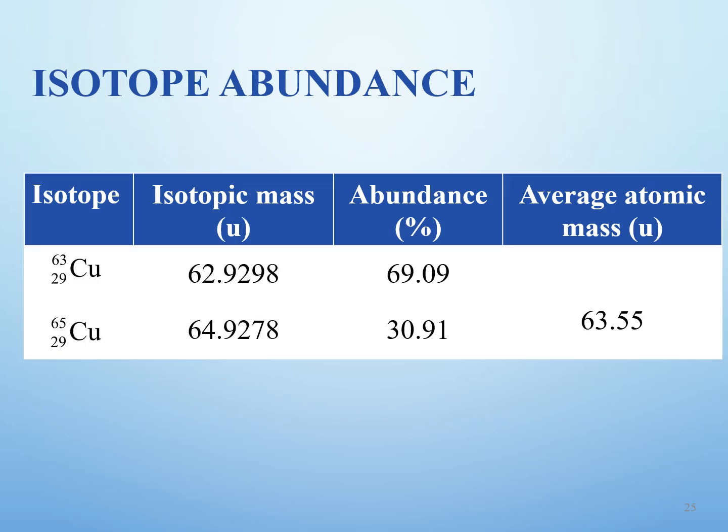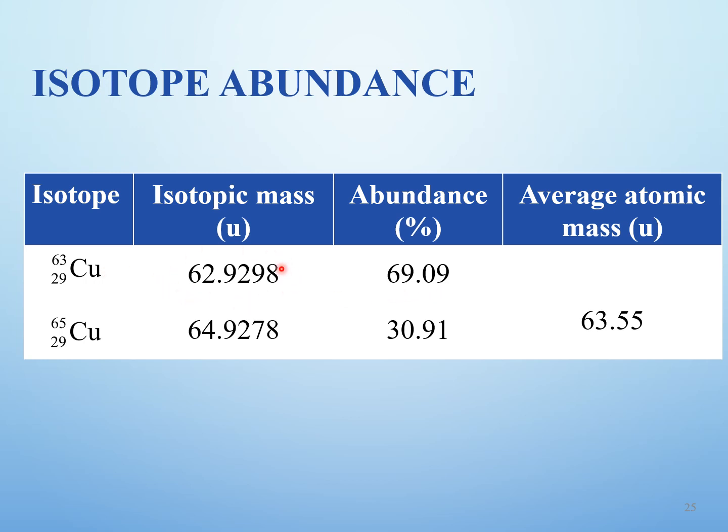So in this case here, we have copper-63 and copper-65, and the AMU for copper-63 is 62.9298. For copper-65, it's 64.9278. So these are the AMUs of the individual isotopes, and you can see that 70% of them is going to be copper-63.